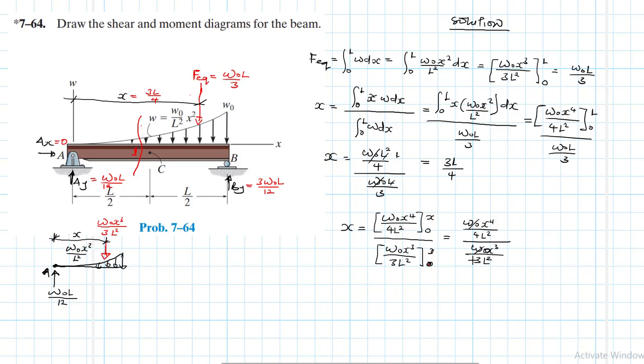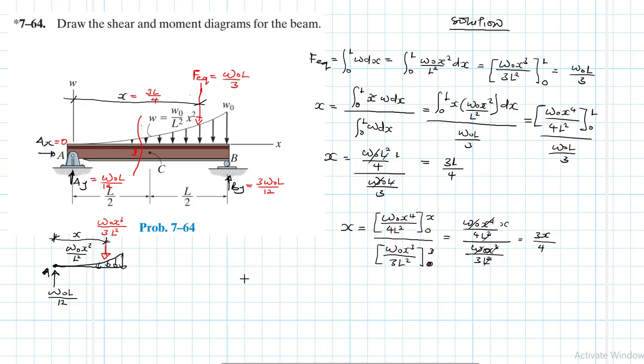So this and this go, this and this will just remain with x. Therefore, what will remain here is 3x divided by 4.